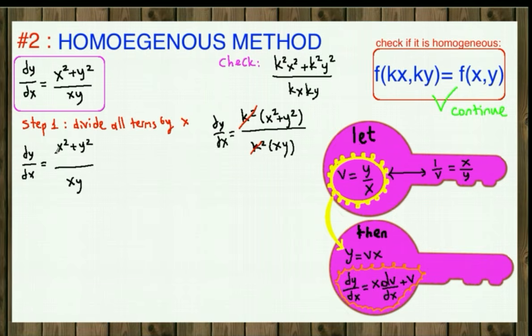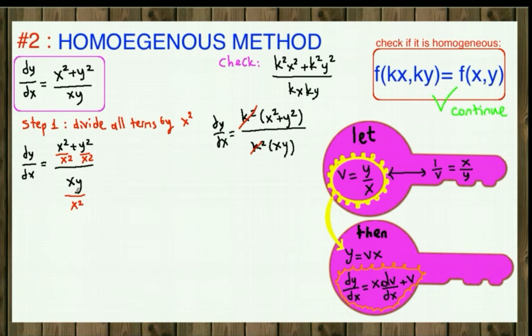Everything will be divided by x. Actually, we're going to divide here by x squared because our highest power of x is x squared. If we had only x, then we would have to divide by x. Since we have x squared as the highest power of x, we divide here by x squared.